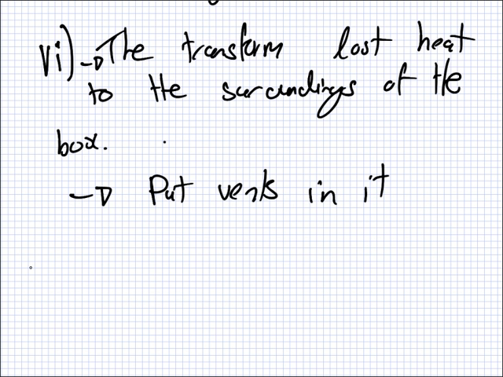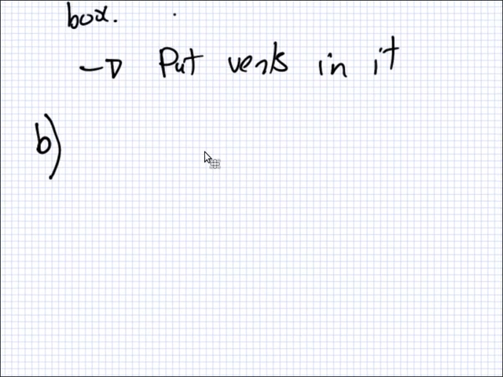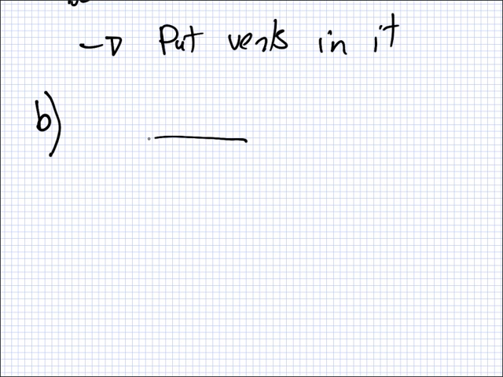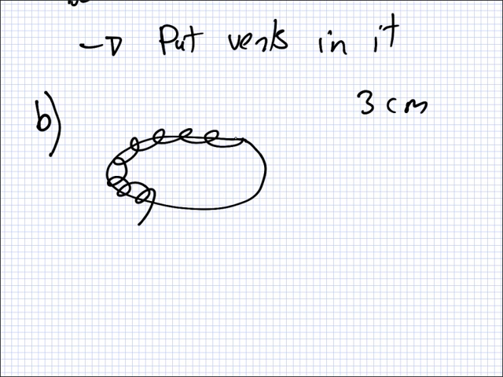B. A search coil is used to investigate magnetic fields. It consists of a circular coil of diameter 3 centimeters with 150 turns of wire. Okay, so you've got a diameter of 3 centimeters, and you have this coil wrapped around it. How many times? 150.